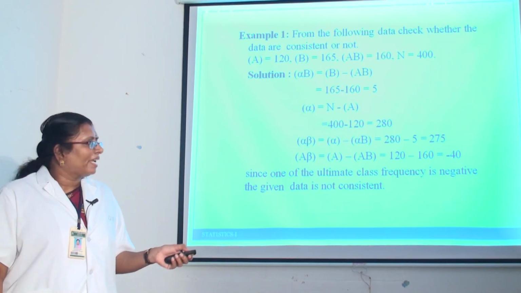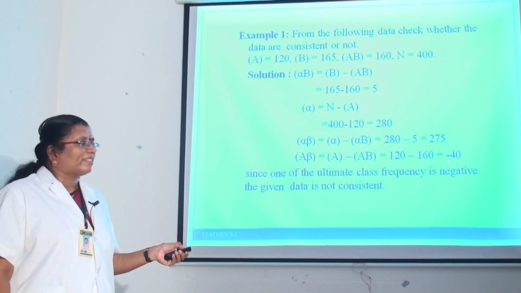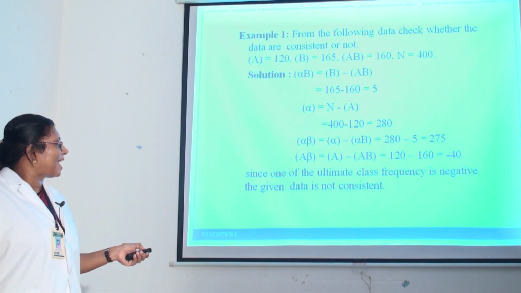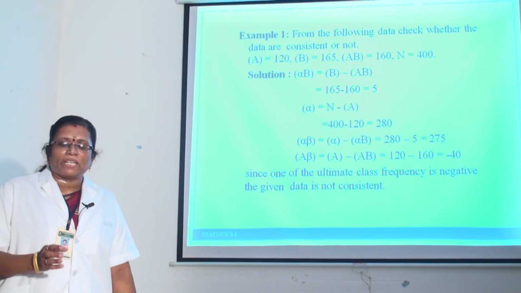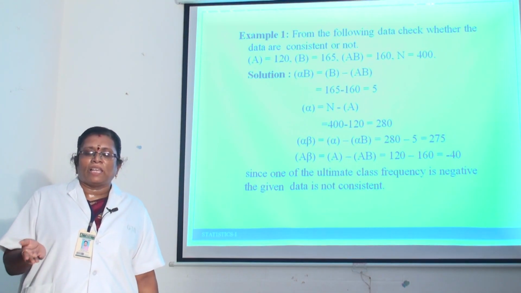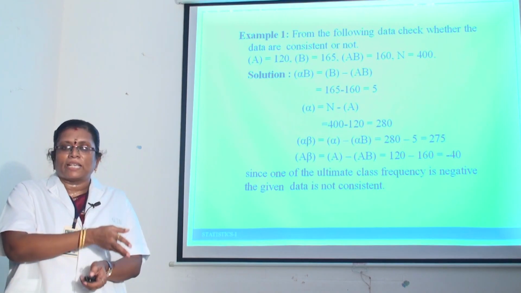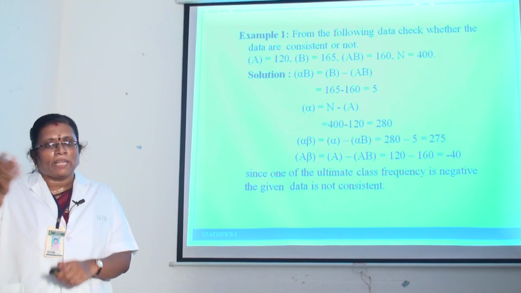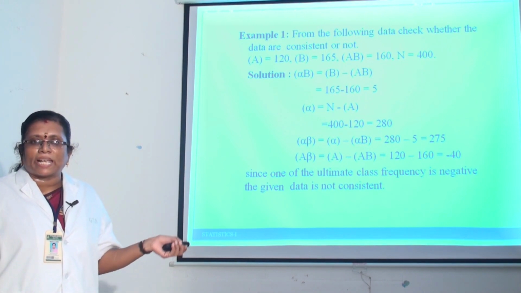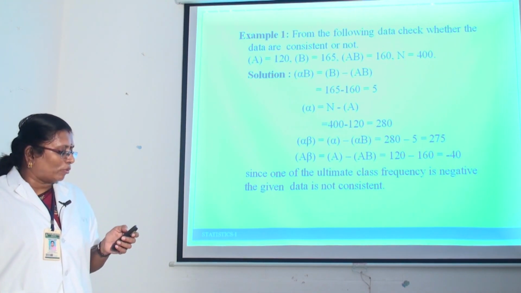How it decides? It is becoming negative. Since one of the ultimate class frequencies is negative, the given data is not consistent. Like this we have to check. We can even check for a single attribute or for 3 attributes and everything. For everything the condition is there. I have given an example for 2 attributes.